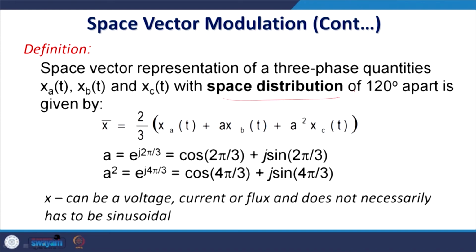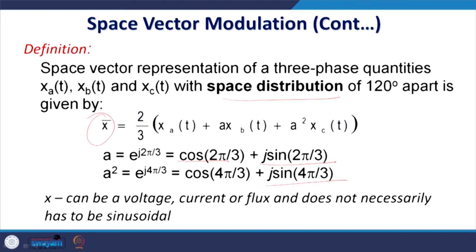The space vector is 2/3 of XA(t) plus a XB(t) plus a square XC(t), where a equals e to the power j 2 pi by 3, that is cos 2 pi by 3 plus j sin 2 pi by 3, and a square is 240 degrees, that is cos 4 pi by 3 plus j sin 4 pi by 3.